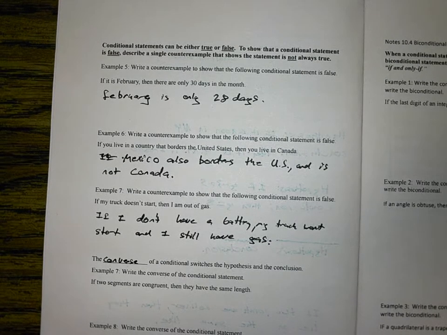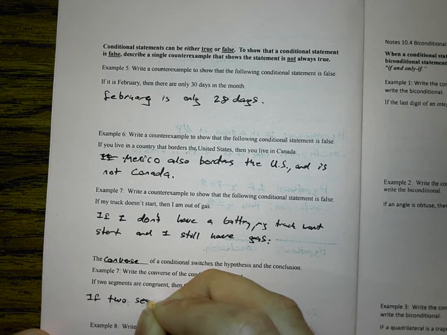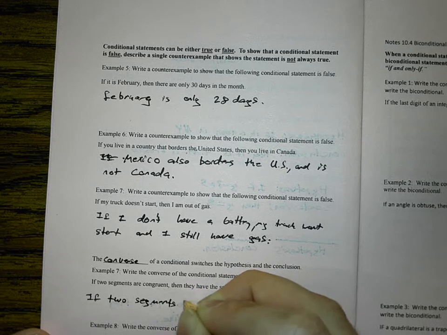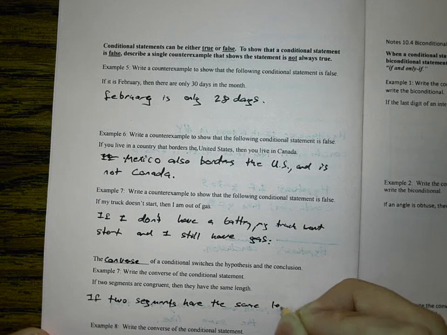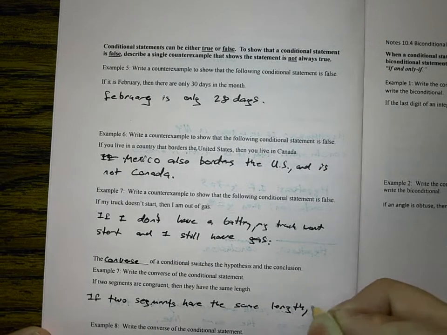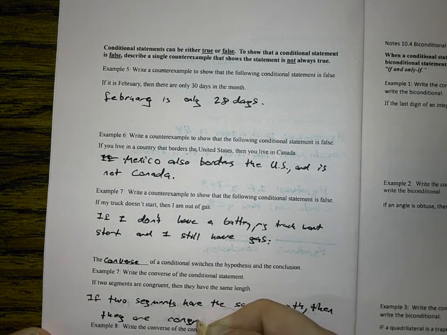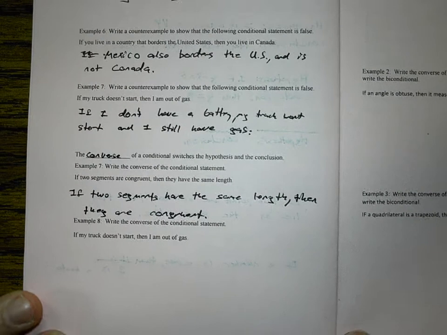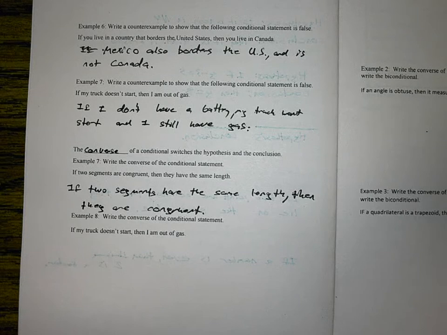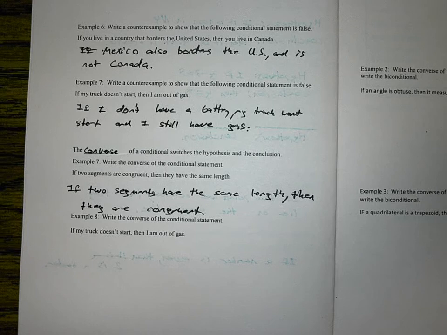A converse statement would be if two segments have the same length, then they are congruent. You take the hypothesis and switch it with the conclusion, but the if and the then will stay. Also, I want the two segments part to stay because I want to know we're talking about the same thing.